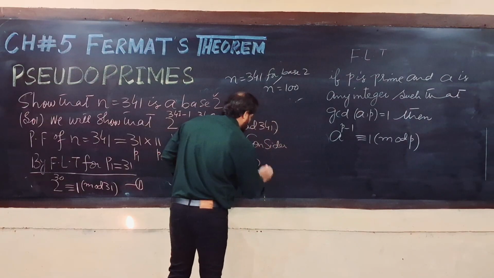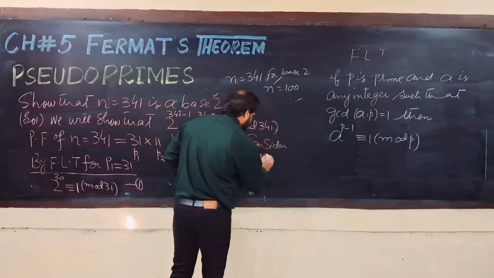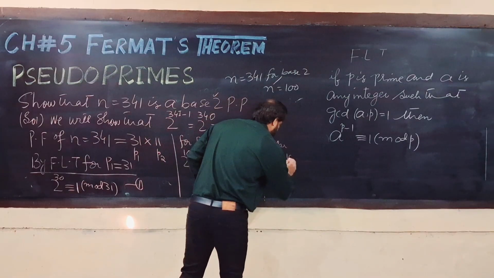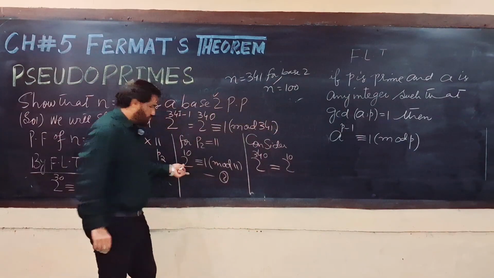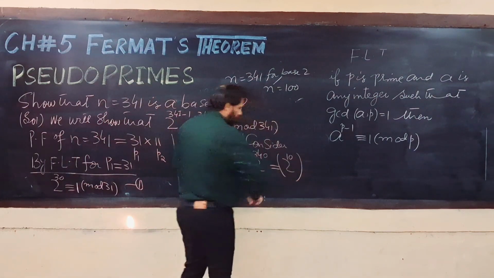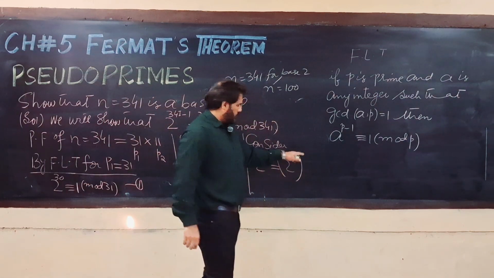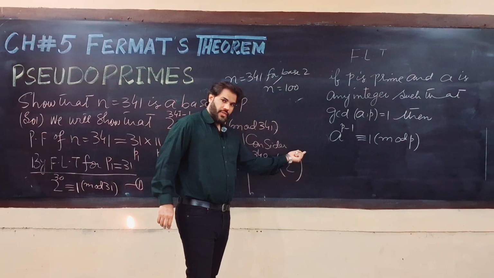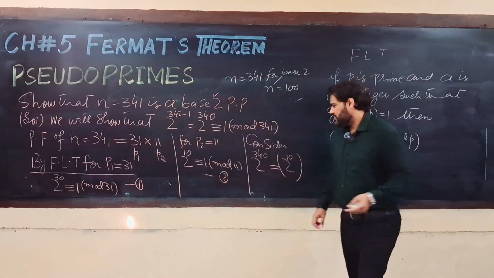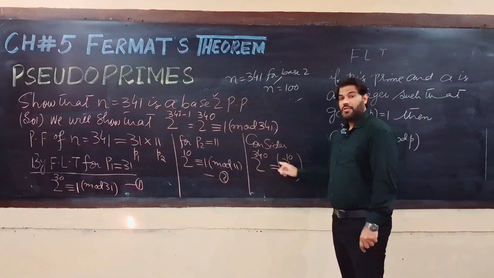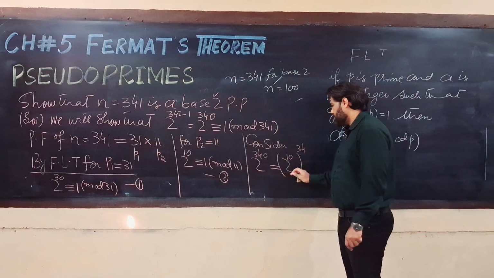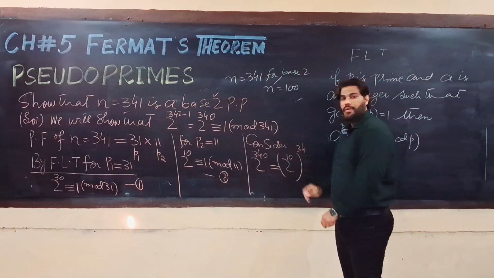Consider 2 raised to power 340. This can be written as a power of 2 raised to power 10, so what should I write outside? If you divide 340 by 10, this gives 34. So 2 raised to power 340 can be written as 2 raised to power 10, whole power 34.